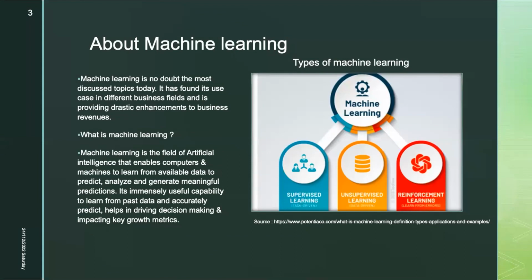So in very basic terms, machine learning is the field of AI that helps us use some kind of past data to generate some future predictions. Now we can use machine learning to get insights, to do predictions, to do forecasting.